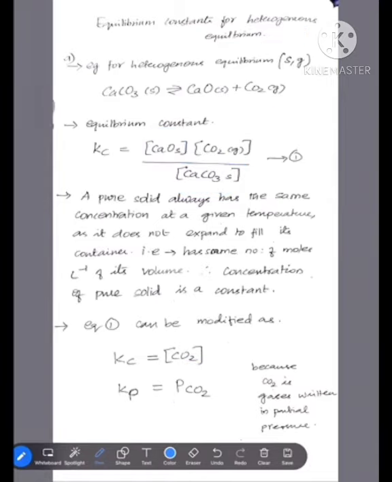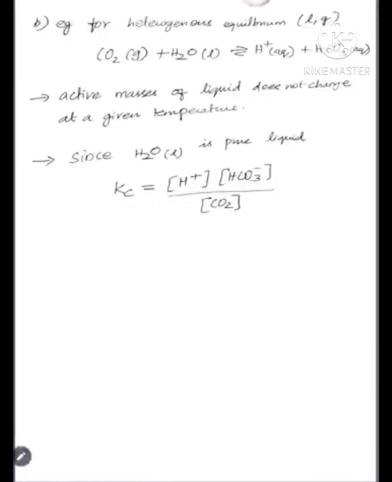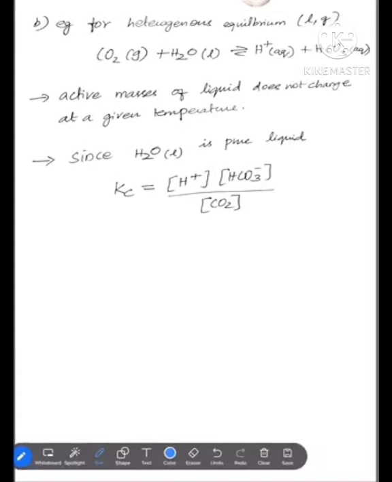For another example of a heterogeneous system, we will take a liquid-gas system. Here you are taking the example of carbon dioxide reacting with water to form H plus and HCO3 minus, carbonic acid. We saw that the active mass of a pure solid is going to be constant at a given temperature. The same goes for a pure liquid also.